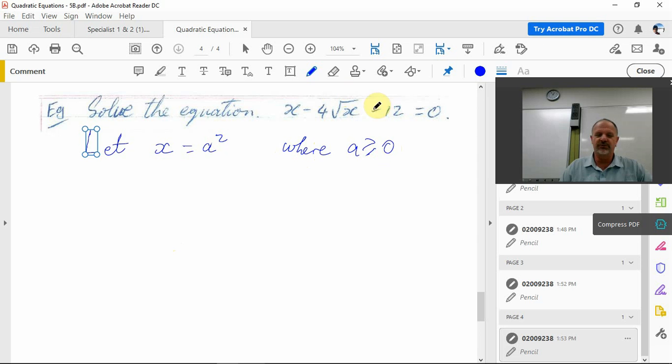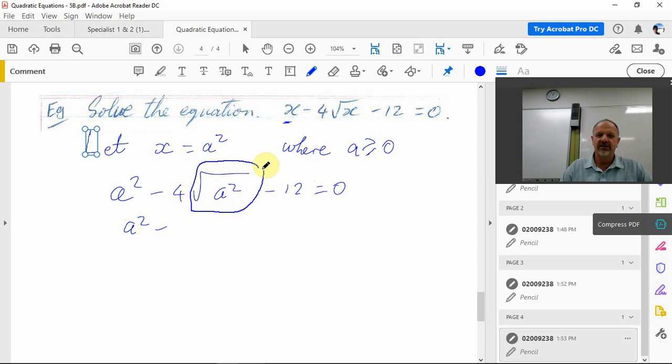That's because we've got this root here. So if x is a squared, then I'm replacing this x here by a squared, and I've got a squared minus 4 root, replace that x by a squared, minus 12 equals 0. So a squared minus, now these two, squaring and square rooting, are opposites of each other.